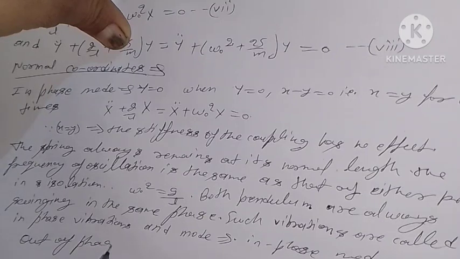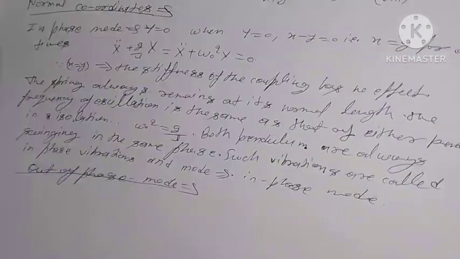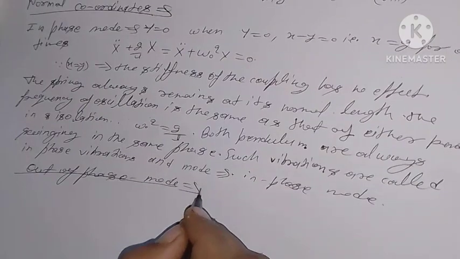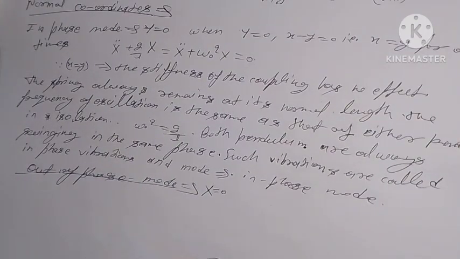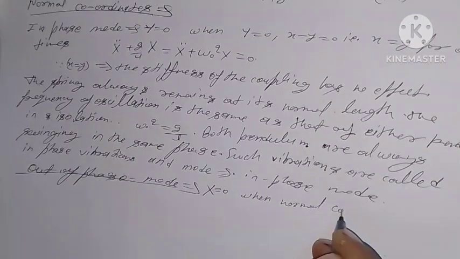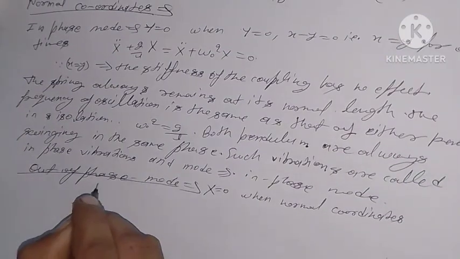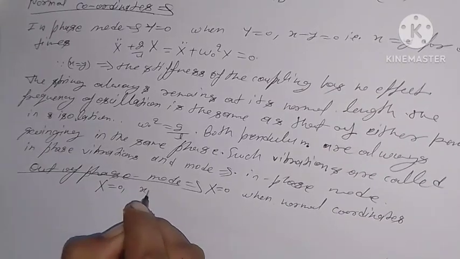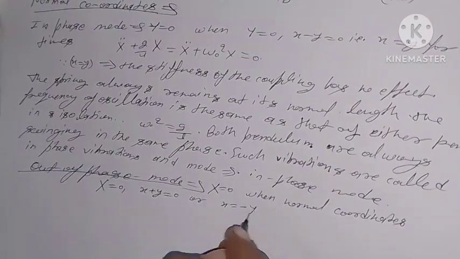Next, out of phase mode. If capital X equals 0, when normal coordinate X equals 0, then x plus y equals 0, or x equals minus y.